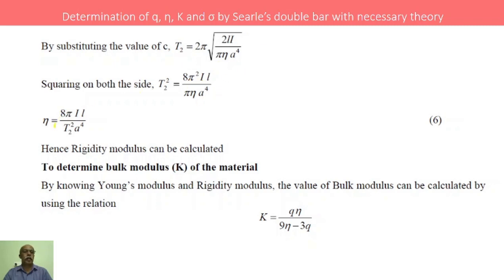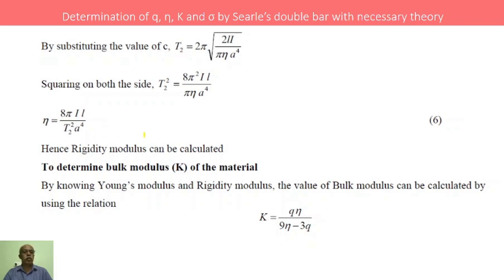And therefore, finally, the rigidity modulus eta is equal to 8 pi IL divided by T2 square a power 4. So by knowing the moment of inertia of the rod, the length of the wire and radius of the wire, and the time period of oscillation, we can determine the rigidity modulus of the wire.